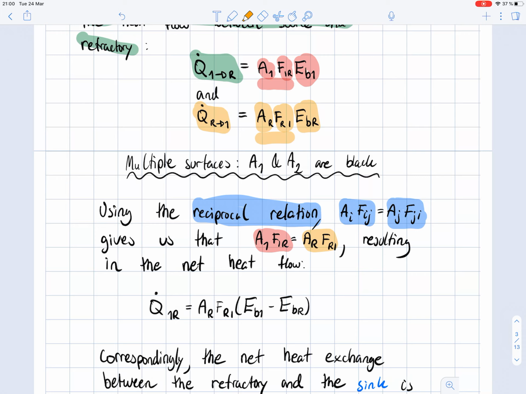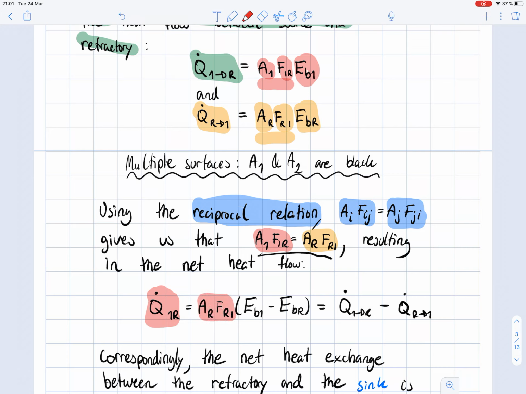That results in a net heat flux, Q1R, which of course is then Q1R minus QR1. That's the difference in heat flux. So net heat flux, and then we can put the areas and view factors on the outside, and we then get a quite simple relation for the net heat flux from surface number 1 to the refractory.